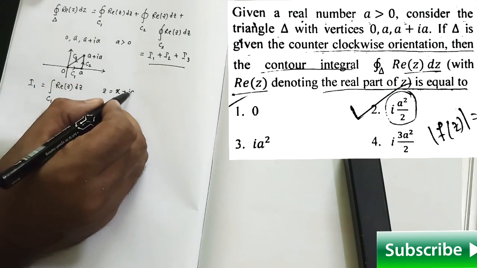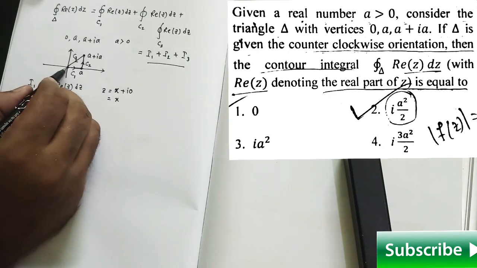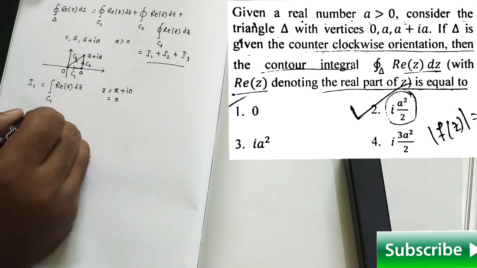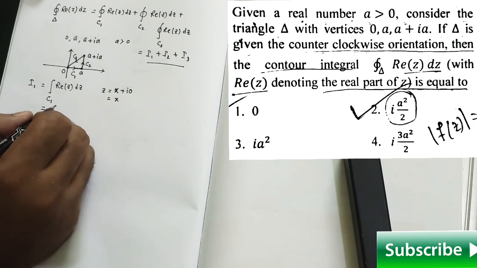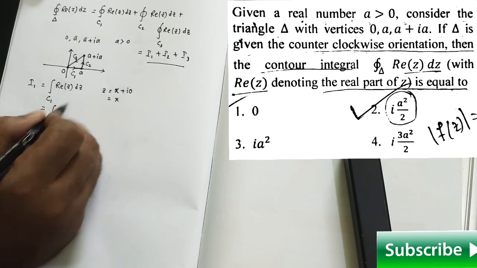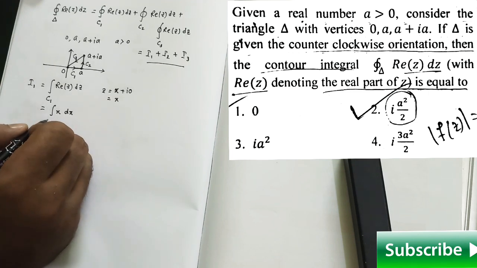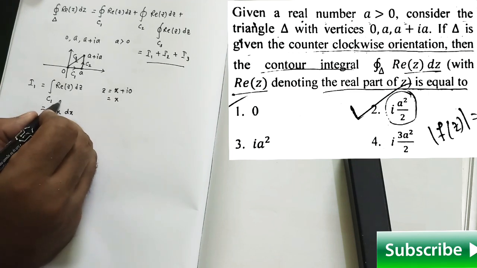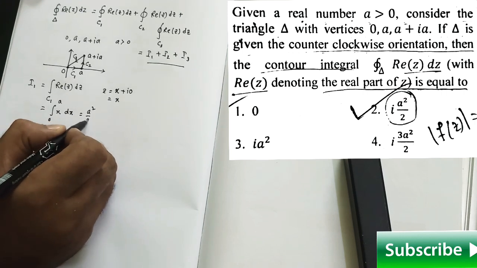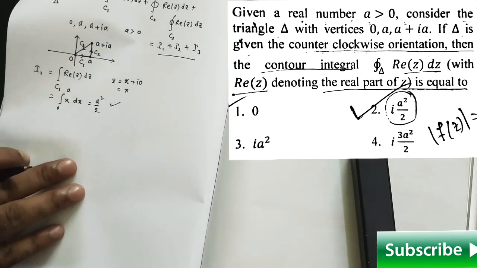Along C1 it is 0, so z is equal to x, and x varies from 0 to a, clear? That implies the very next step you will have real part of z means x, dz is dx, and limit is going to be from 0 to a. Calculate and you will have a square by 2.